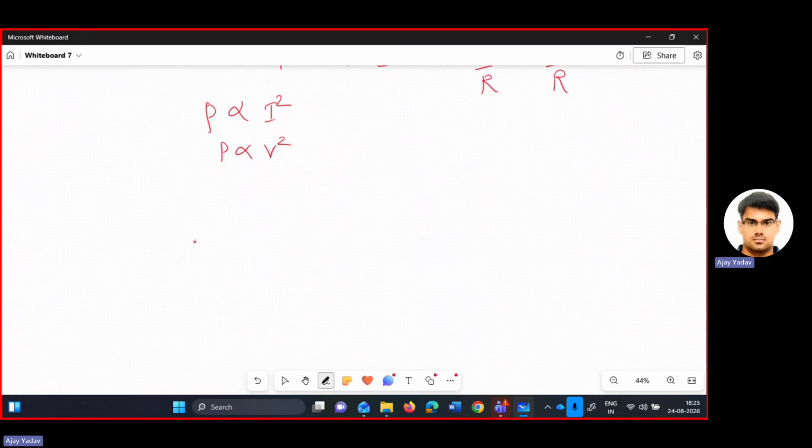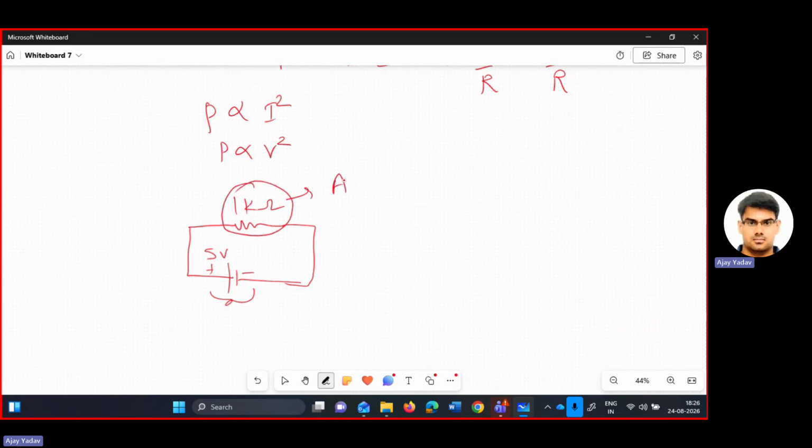Now generally when you are working with circuits, if you have a 5 volt voltage source and a 1 kilo ohm resistance, then this voltage source will be supplying power to the circuit, and this resistor will absorb the energy or power supplied by the voltage source.